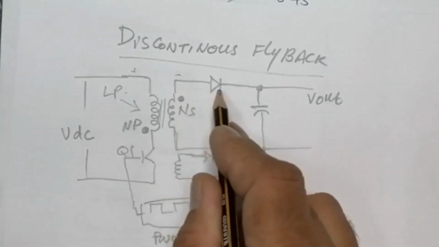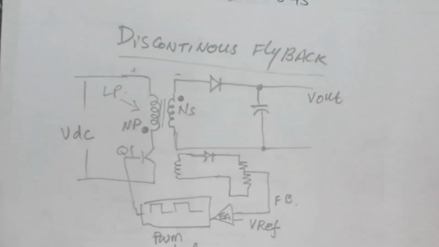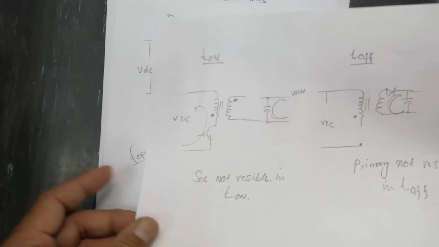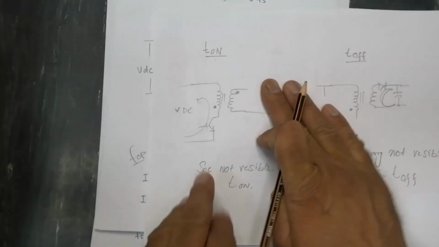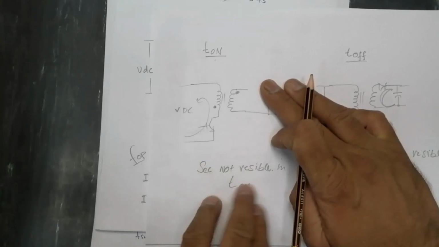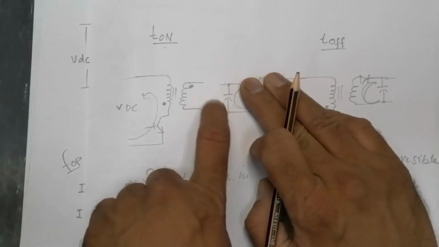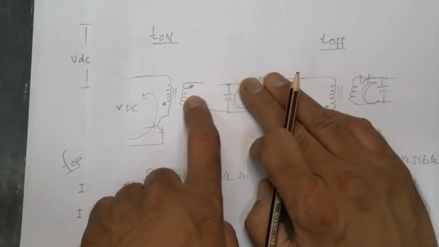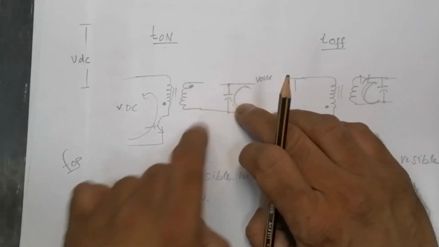In that case, this diode is reverse biased. When this diode is reverse biased, the secondary is not visible during T on. Why? The diode is reverse biased, so it will not allow any current to flow in the secondary, because the path here is broken.